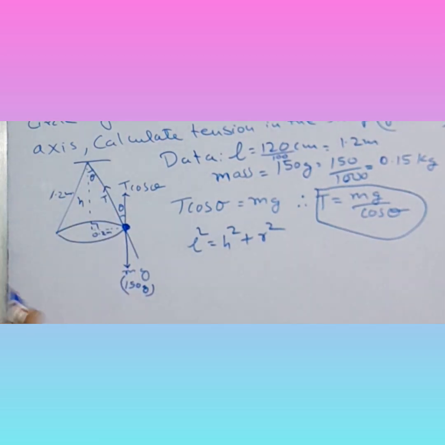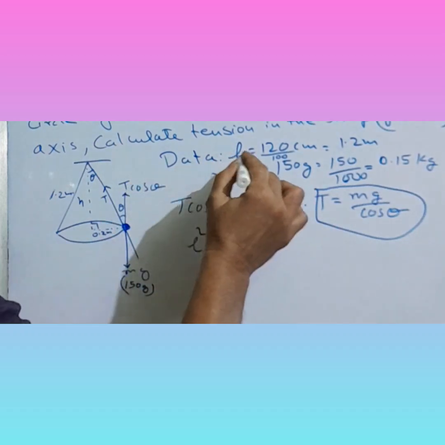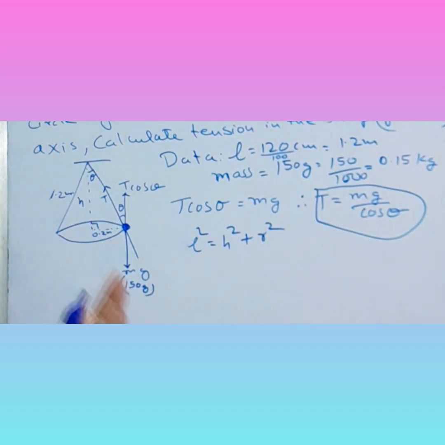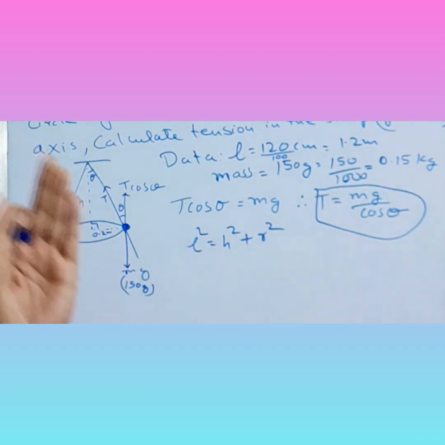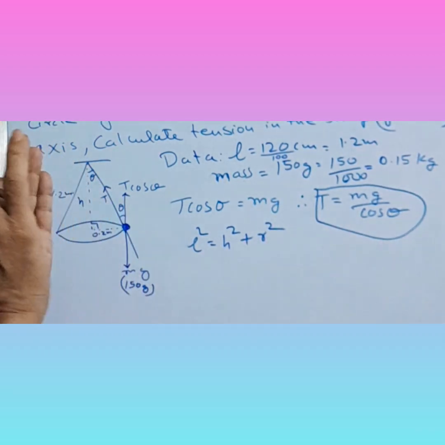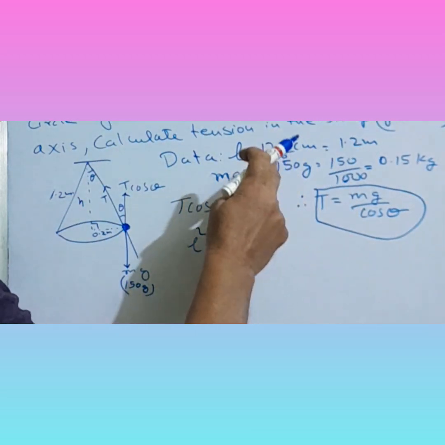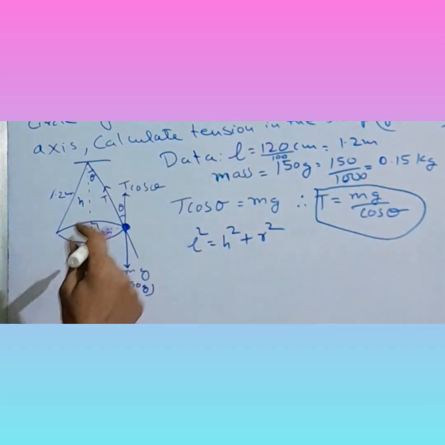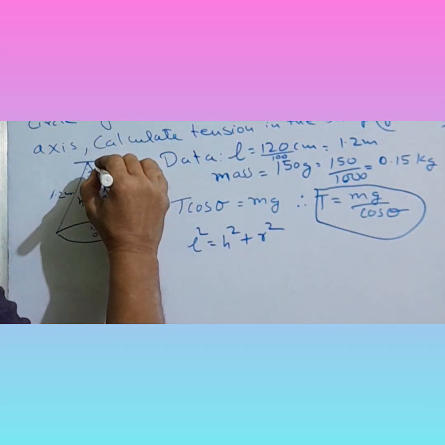Though the given length is 120 centimeter, we are not into the CGS system, we are into the SI or MKS system. In the SI system, we have got to convert centimeter to meter. We know the conversion factor is 100, so divided by 100, we get 1.2 meter. So this length is 1.2 meters.